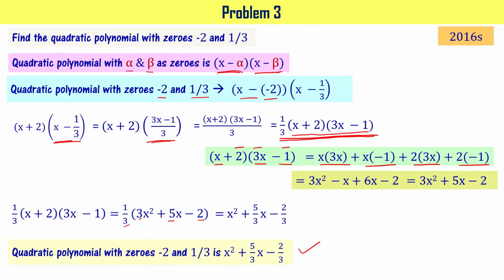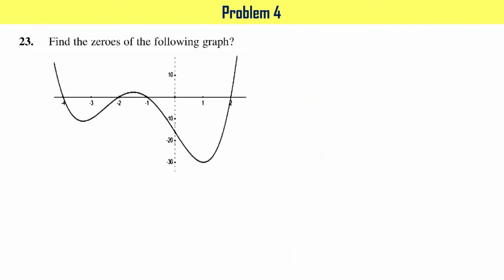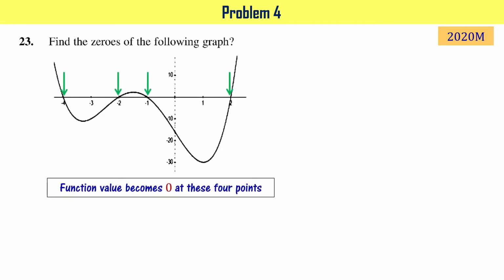Let's go to the next problem, that is, find the zeros of the following graph. It is from the year 2020 model paper. As you see here, the graph value of the function goes 0 at these 4 points, right?